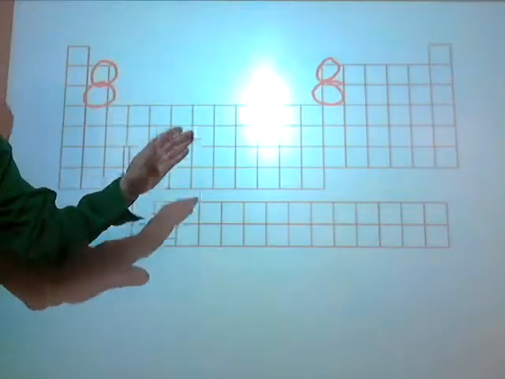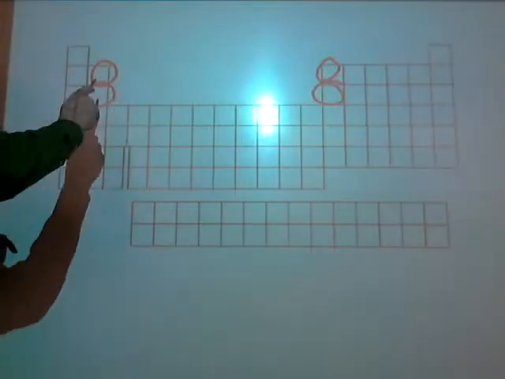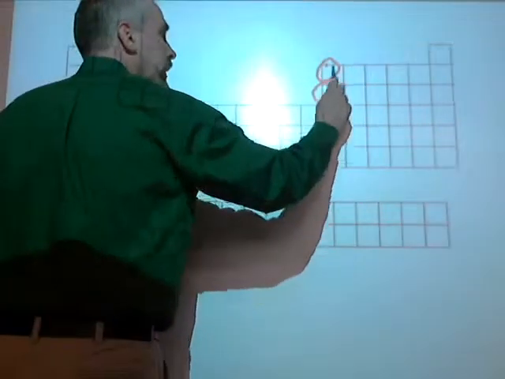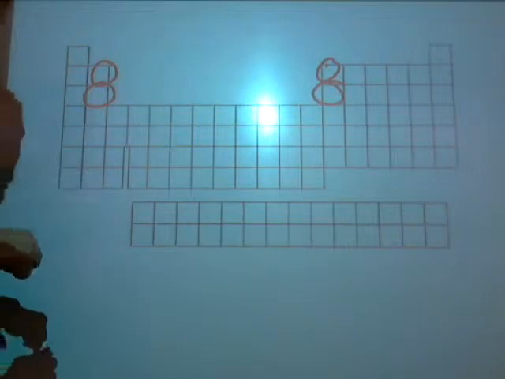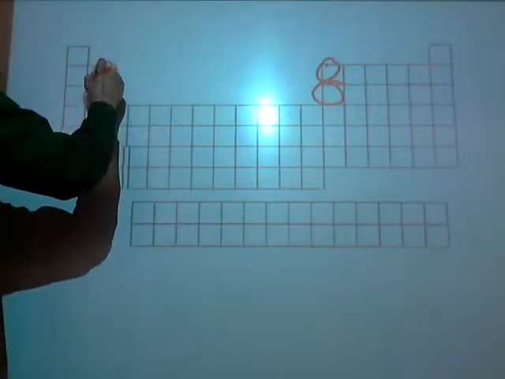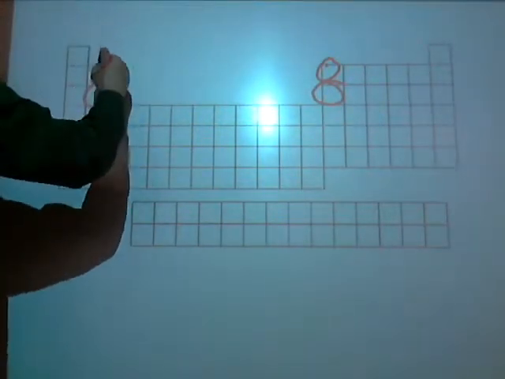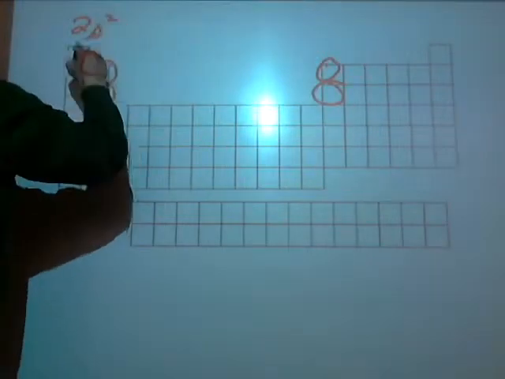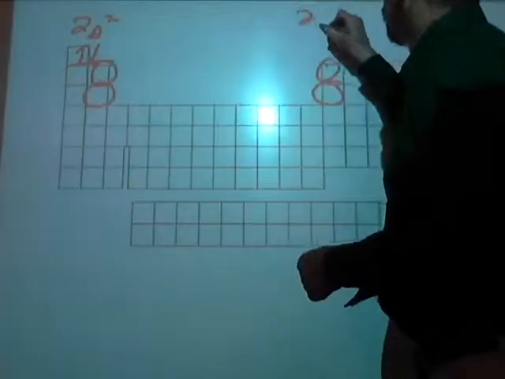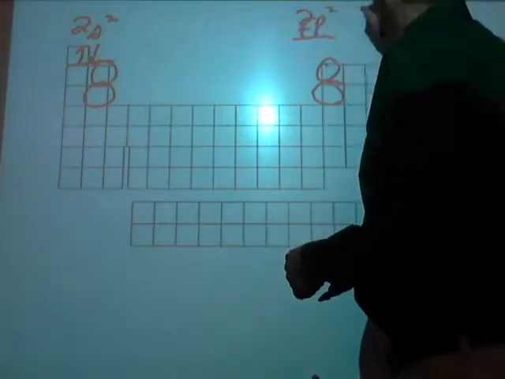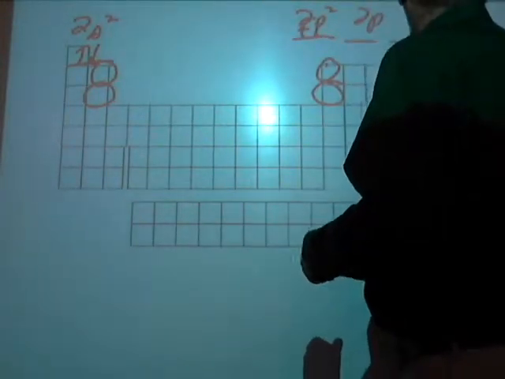It should be harder to remove the electron from this guy over here than it is from this guy, but it's not. It's actually easier. Why? Because for beryllium, this is beryllium over here, his last thing you wrote was 2s2, and it looks like this. But over here, you've got 2s2 and then 2p1.